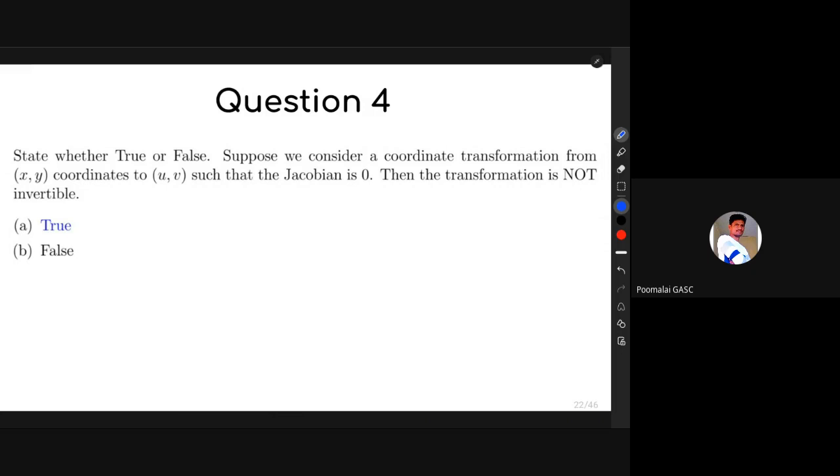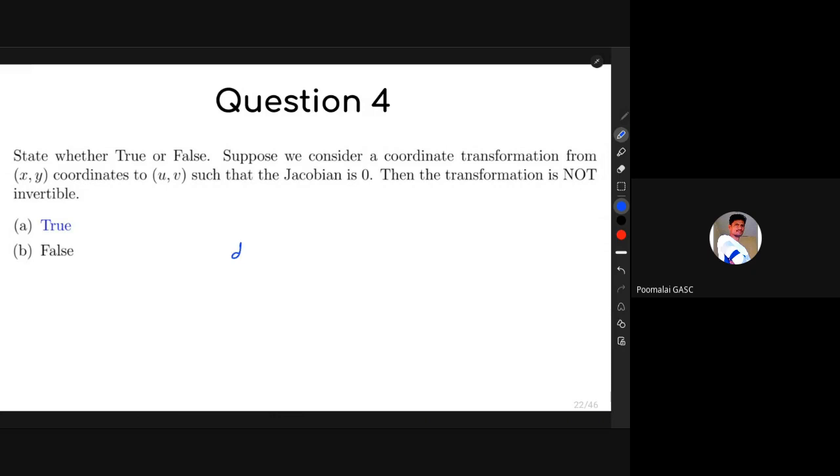So, for example, in the next question we have been given a coordinate transformation from xy to uv such that the Jacobian is zero. Then the transformation is not invertible. Is it a true statement or a false statement? It is a true statement, because what is Jacobian?